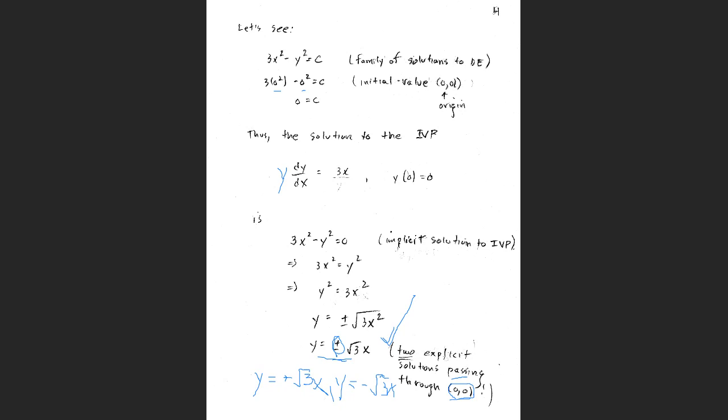So when you have a situation where you write the differential equation as dy dx equals a function of x and y, and that function of x and y is undefined at your initial condition, or the partial derivative of that function with respect to y is undefined at your initial condition, you can get multiple solutions.